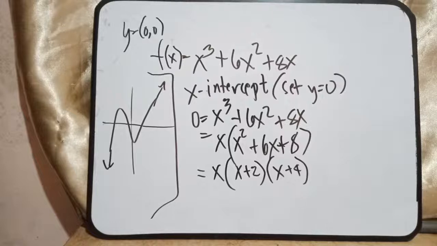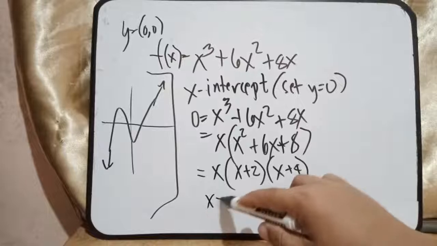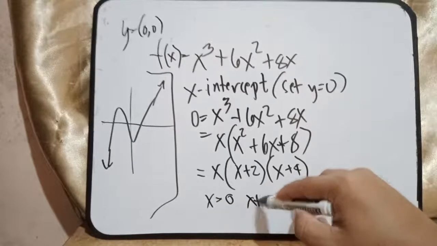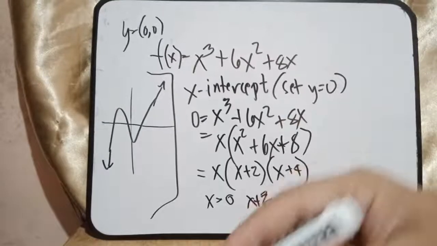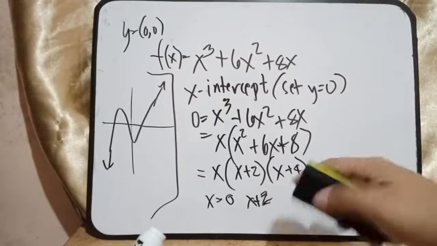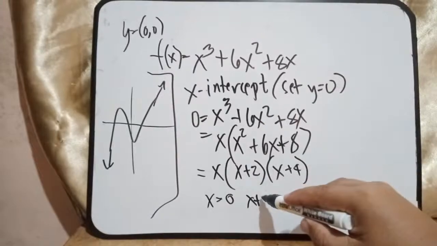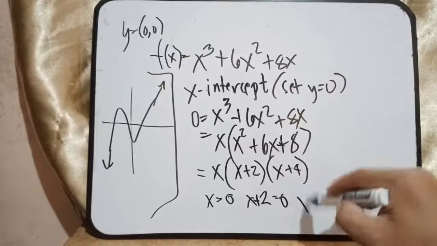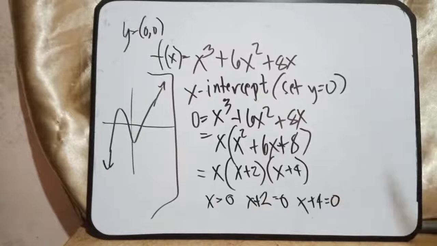Now, we can see that we have here x is equals to 0, and then x plus 2 is equals to 0, and then x plus 4 is equals to 0. Now meron na tayong pang x-intercept.